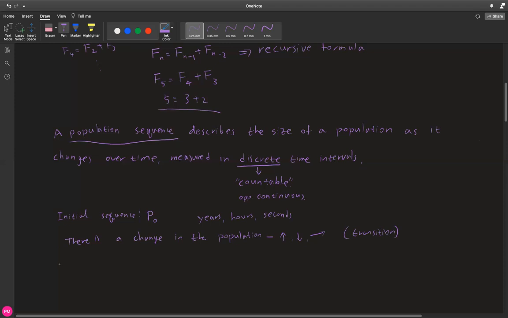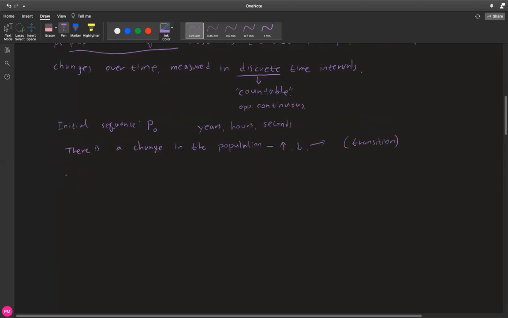So the notation is really similar to the regular sequence that we talked about before, but the only difference is that we use P instead of A, and we start from 0 instead of 1. So P sub 0 denotes the initial population, and P sub 1 is the population after one generation.